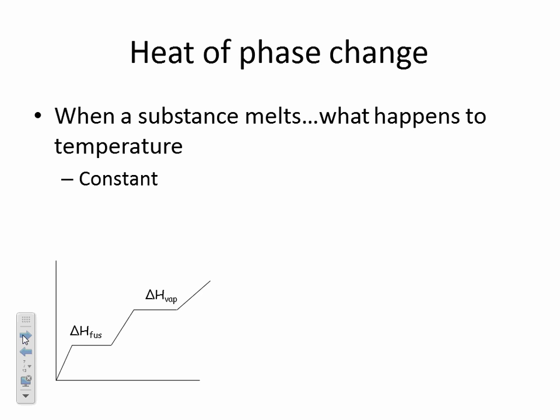But we know that in order for something to melt or to vaporize, it has to absorb heat. So we can't have a ΔT that is 0, because that means that Q would be 0. So we have to use a different way to solve for that heat. And it's something that we can calculate in a lab. You guys will do it yourself.